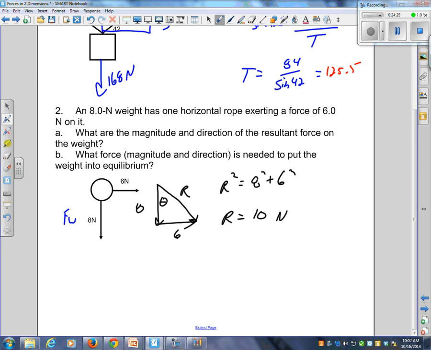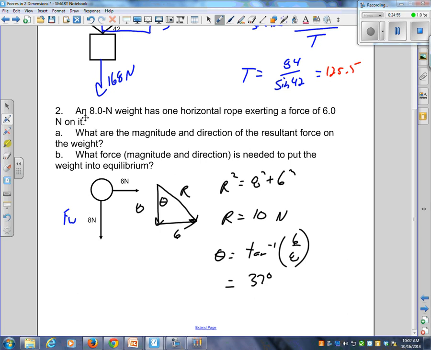What's the angle? Inverse tan of 6 over 8. Not 45, it might be 30, I'm not sure actually. 36, 37 degrees, right? So what force is needed to put the weight into equilibrium?